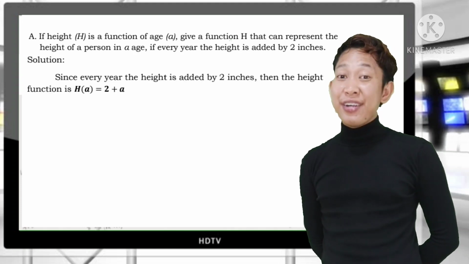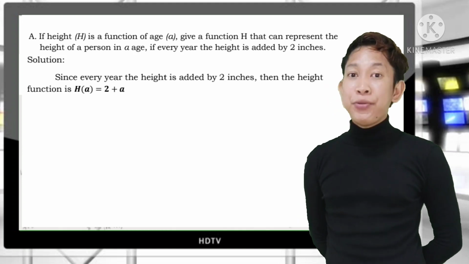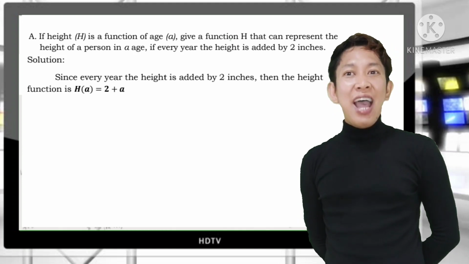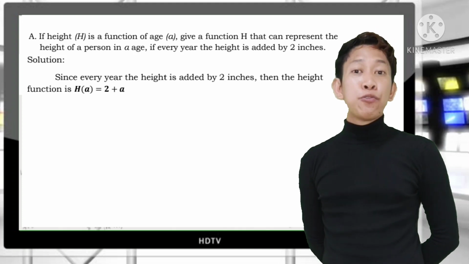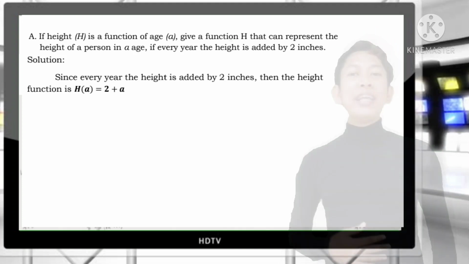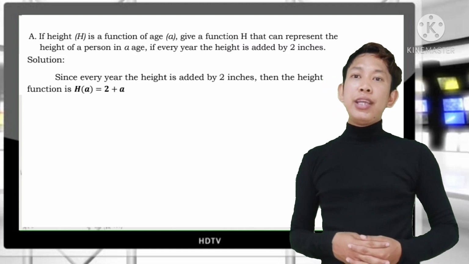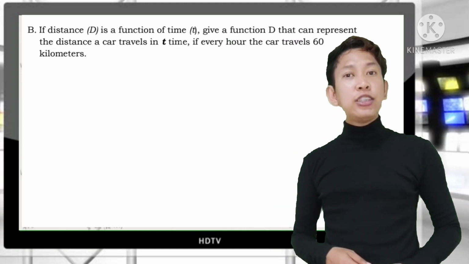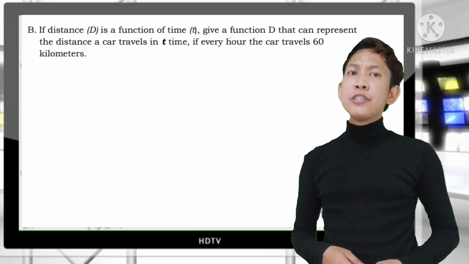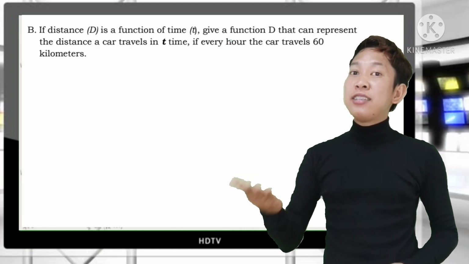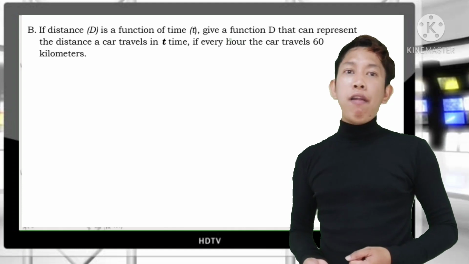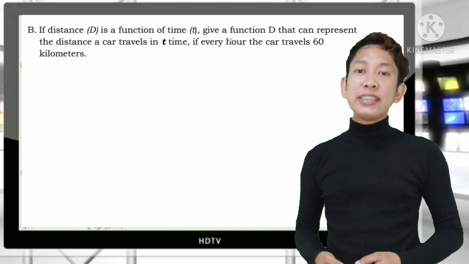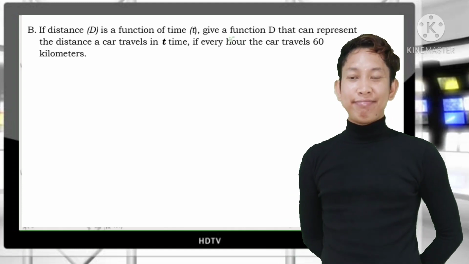Since every year the height is added by 2 inches, then the height function is h of a is equal to 2 plus a. Okay, let's have another example. If distance d is a function of time, give a function that can represent the distance a car travels in time t if every hour the car travels 60 kilometers.